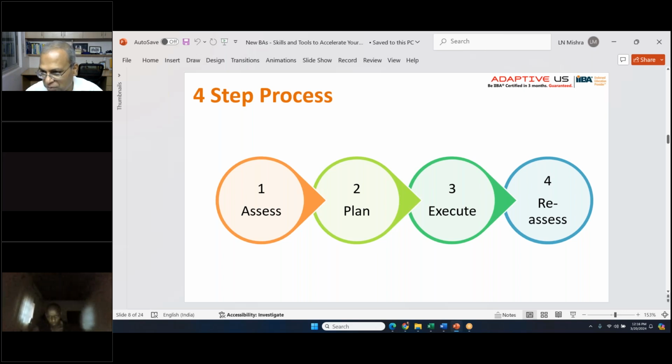And third thing is, of course, to execute the plan that you have. Just having a plan is not very useful. A plan is always a useful thing, but not following up on the plan is useless. So obviously, we need to execute on the plan, and maybe another 6 months' time we again reassess so that we know, okay, I have moved from here to here.